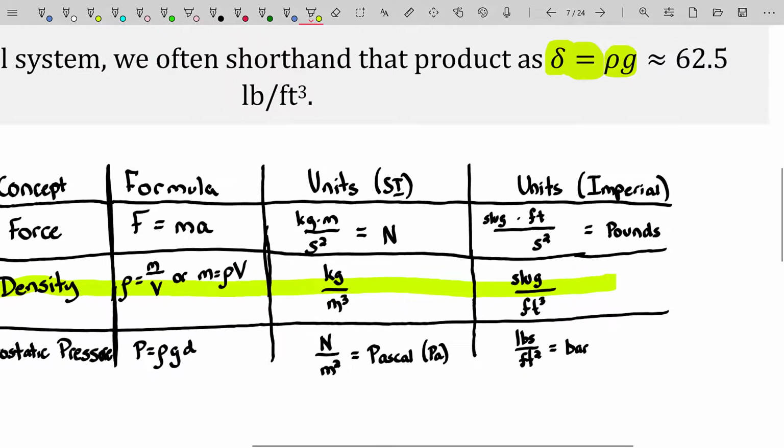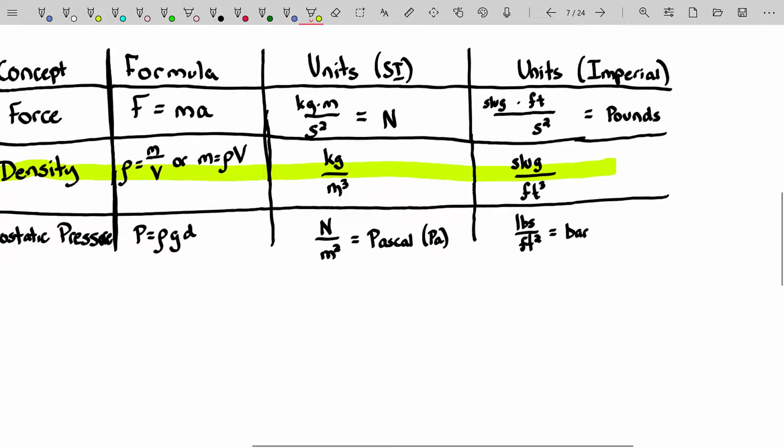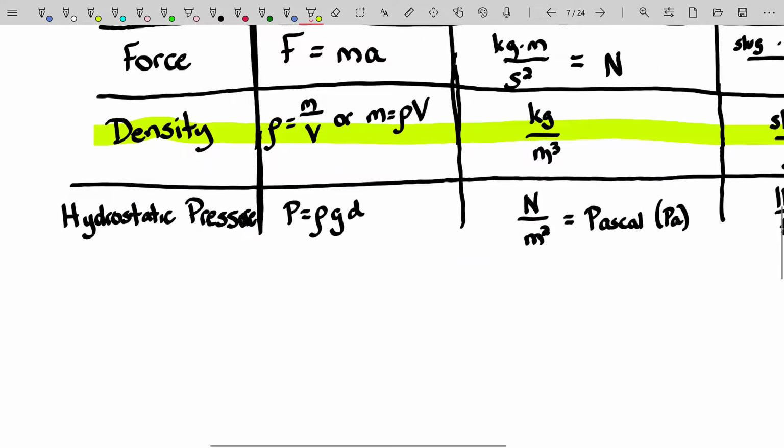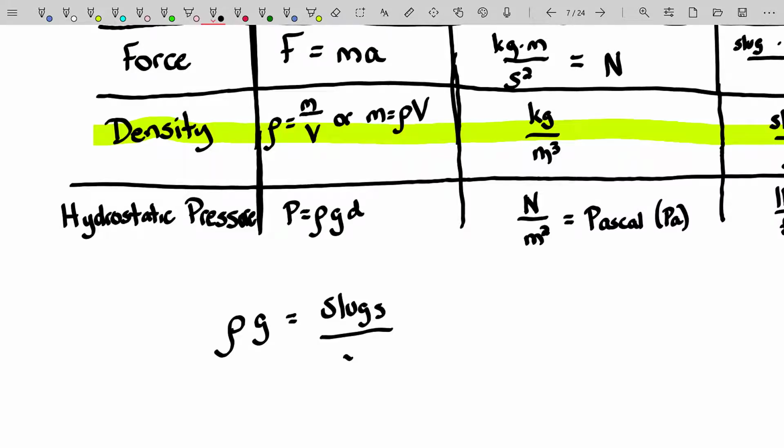However, if you're multiplying by acceleration due to gravity, you get the following. So let's go ahead and just do that. Let's take density here in the US system times acceleration due to gravity, and let's look at the units. I'm using the equal sign inappropriately here, but I'm just going to use the units. So we know density in the US system is slugs per cubic foot.